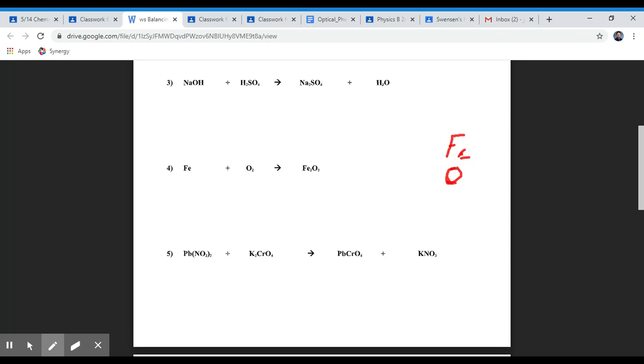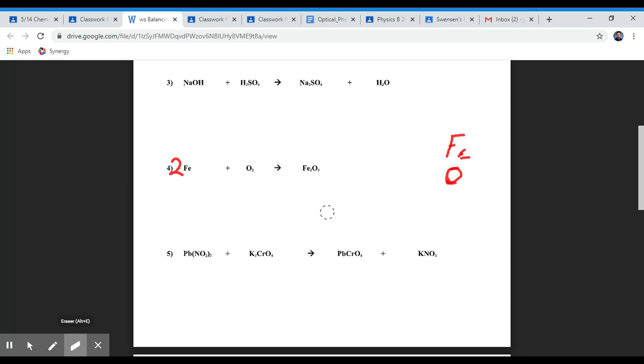I have 1 over here, and I have 2 over here. How can I balance those? Well, I could create 2 here. Now I have 2 irons on each side, so my irons are good.